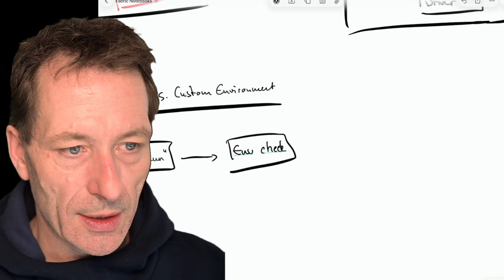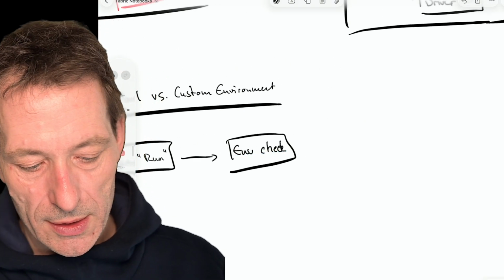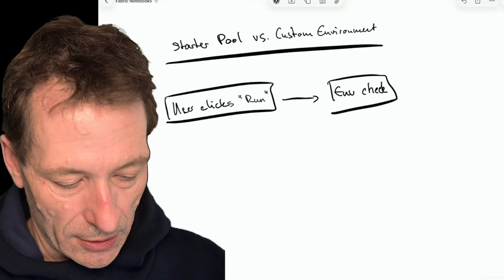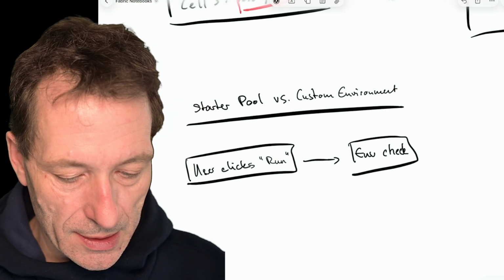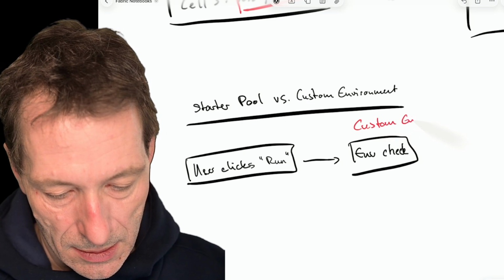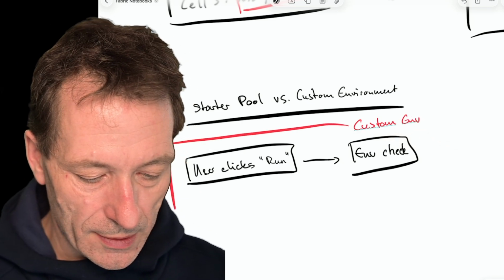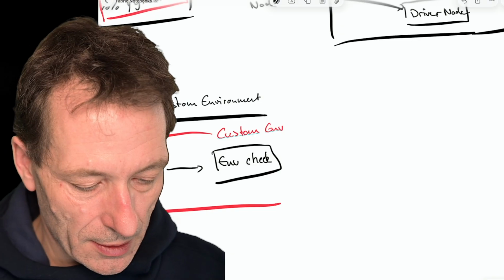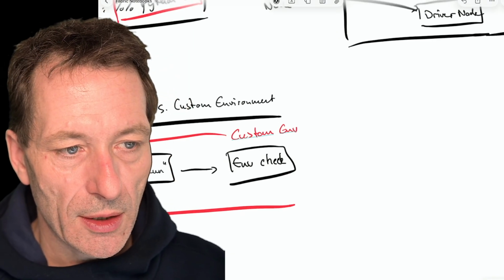Is it either a cold start or is it a hot start or warm start? So let's say this is a custom environment. When this is a custom environment, that means that there is a cold start.